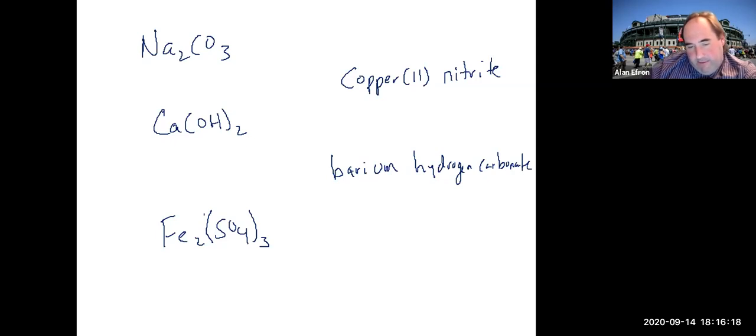And we'll add one more. Let's do ammonium phosphide.